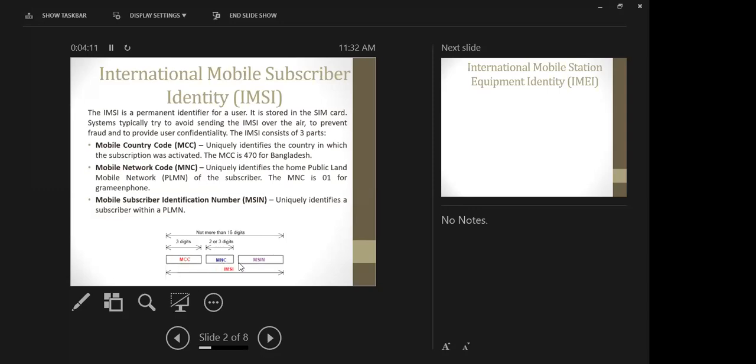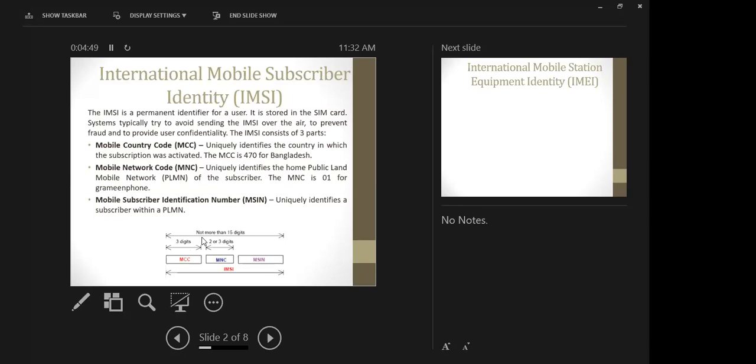The third part is sort of random. The network just uses some unique number here for every SIM that it builds. For each SIM from the Grameen operator, it uses a unique number for this last part, MSIN, mobile subscriber identification number. So even if you have some old SIM, that will have a different number here.